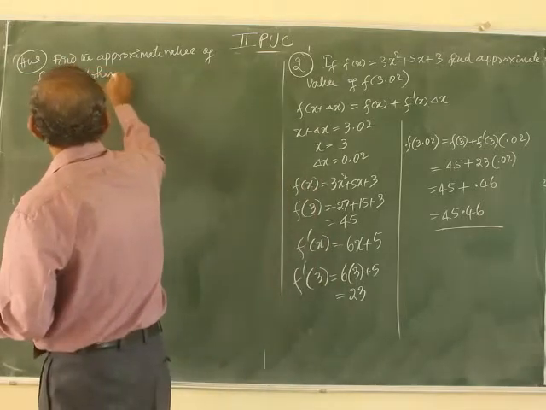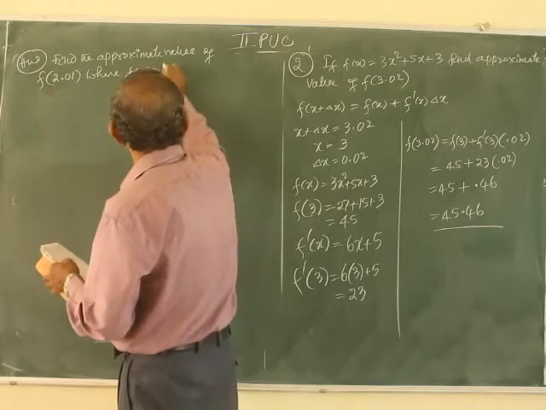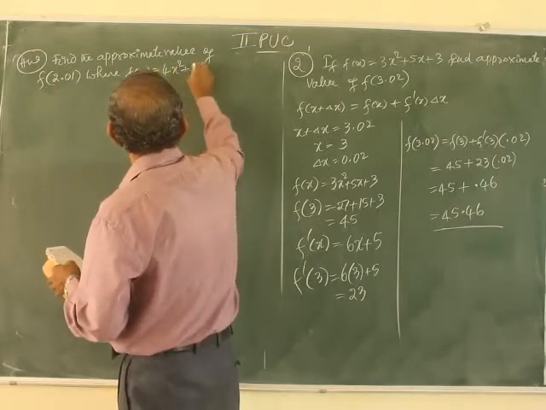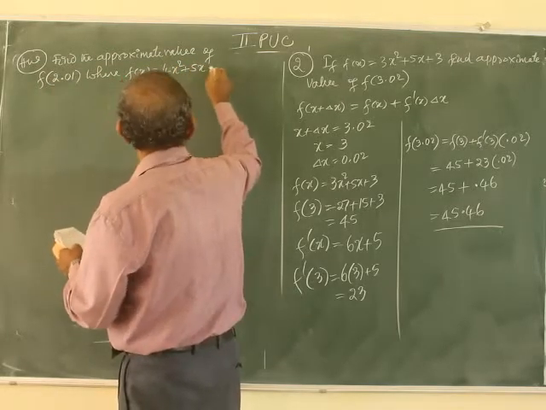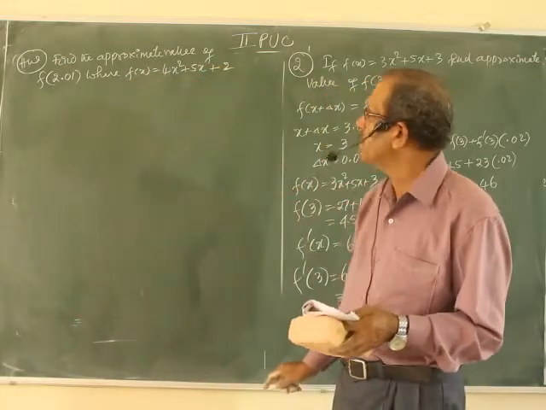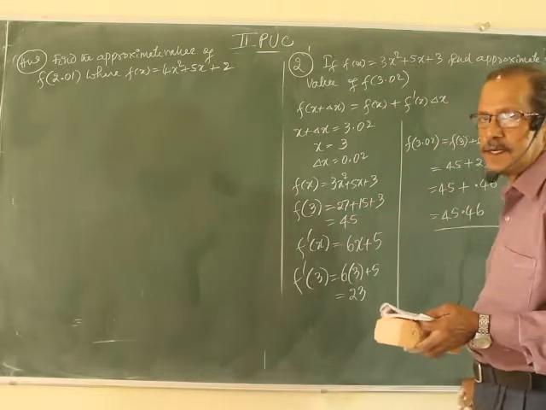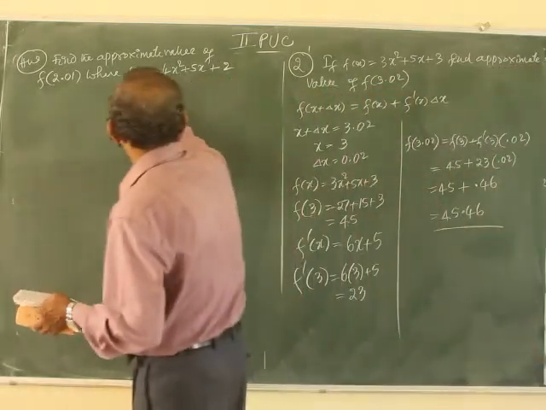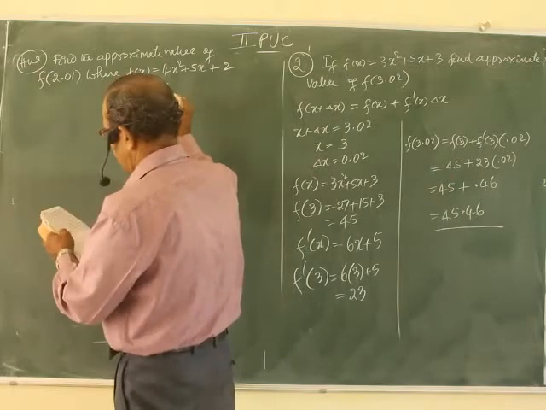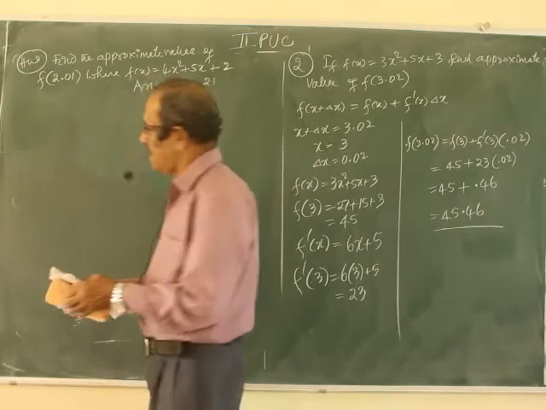Where f of x equal to 4x square plus 5x plus 2. Right? Just similar means exactly similar to the previous one. Answer is 28.21. Try yourself.